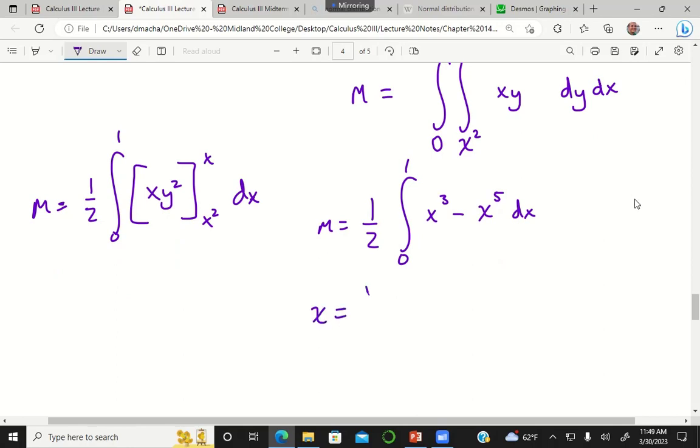So I've got 1/2, 1/4 x to the 4th minus 1/6 x to the 6th, 0, 1.